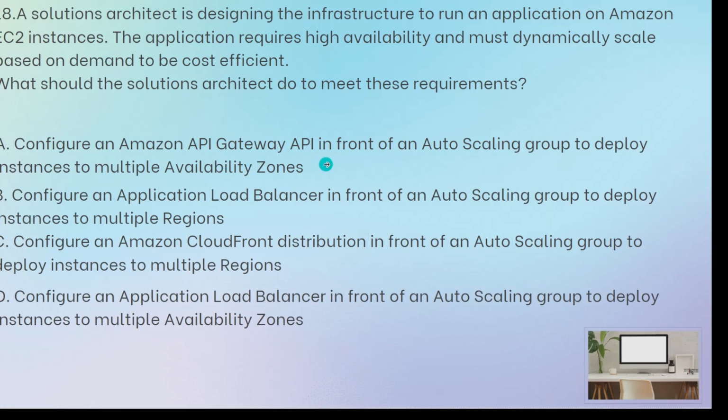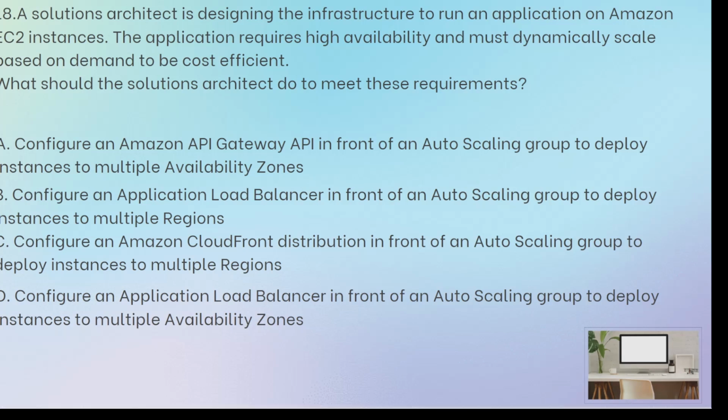Configure an Amazon API Gateway API in front of an auto scaling group to deploy instances to multi-AZ. Deploying instances to multi-AZ is correct, but why not API Gateway? Because API Gateway is not used for load balancing.